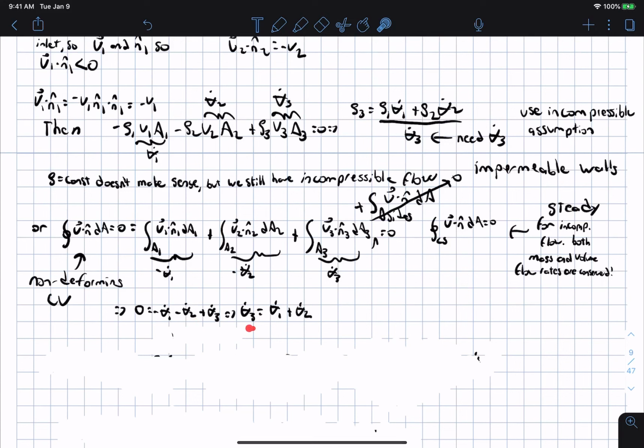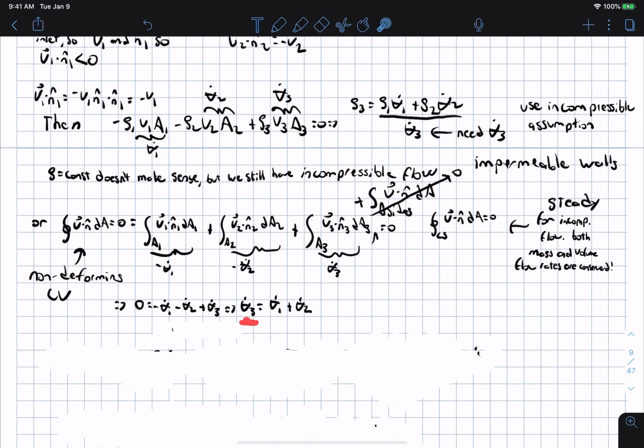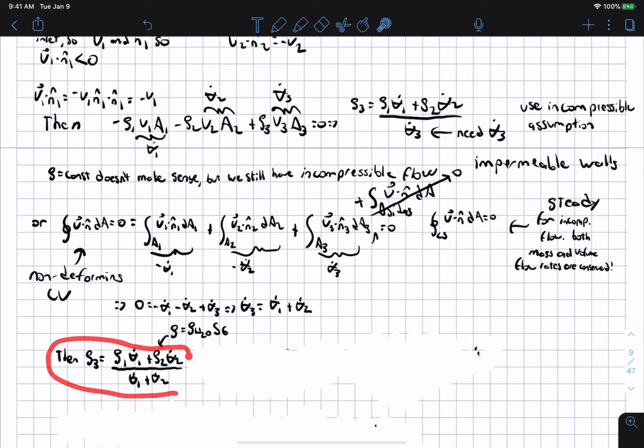And that implies that the volumetric flow rate at station 3, which is what we didn't know, is equal to the volumetric flow rate coming in through the water inlet plus the volumetric flow rate coming in through the alcohol inlet. And so we're going to take this and substitute it into here, and now we can solve for rho 3. Okay, then rho 3 is given by this equation here.